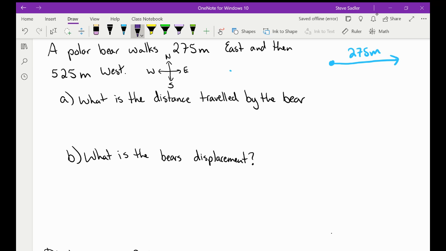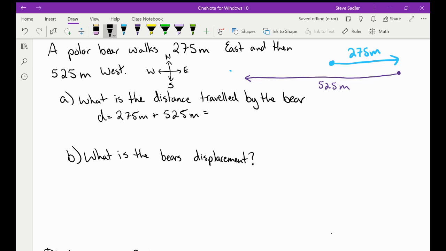Then he decided that from there he's going to walk, I'll just move it down here, 525 meters that way. So what is the distance traveled by the bear? Well, the bear started moving 275 meters, then walked 525 meters, and that looks like it gives us 800 meters. So the bear traveled 800 meters total.